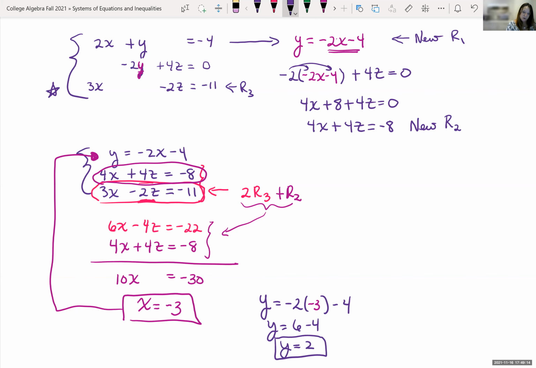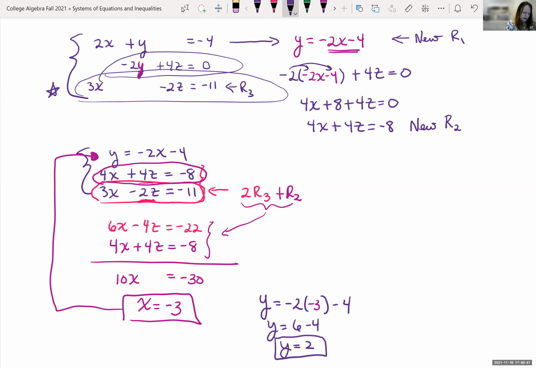So now we have x and y, we need to figure out what z is. And we can figure out what z is by, again, doing back substitution. We'll go into one of the equations that has a z and plug it in. We can plug it into this equation, or this equation, whichever one we want. I usually would just look at what's easiest.